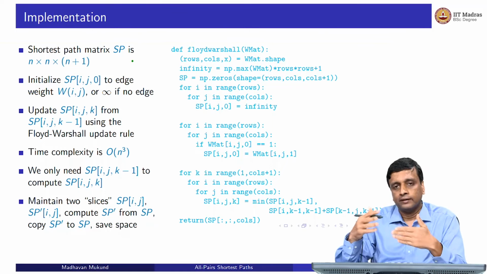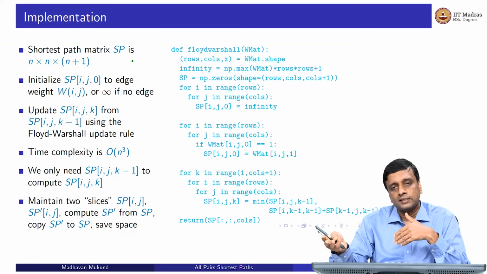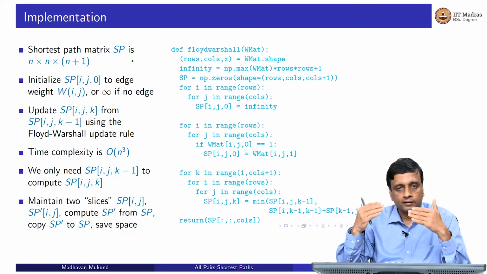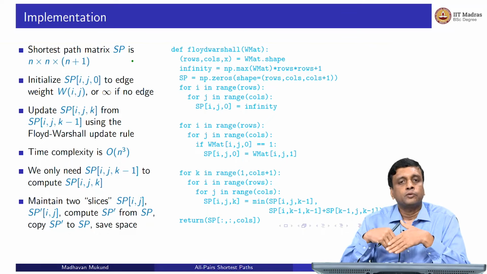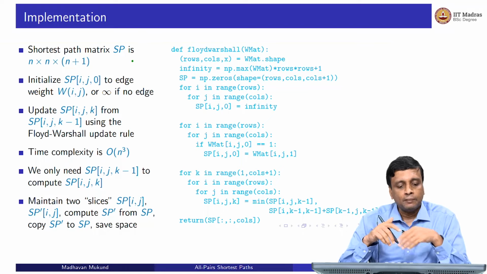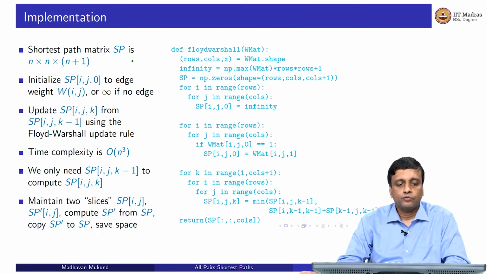I throw away the old previous slice and compute the next slice from this. So I need to keep only the current copy, SP to the power k, and the previous copy, SP to the power k minus 1. So though the time complexity cannot really be improved, the space complexity in this case can be improved.